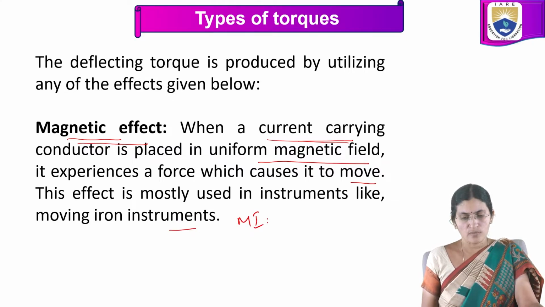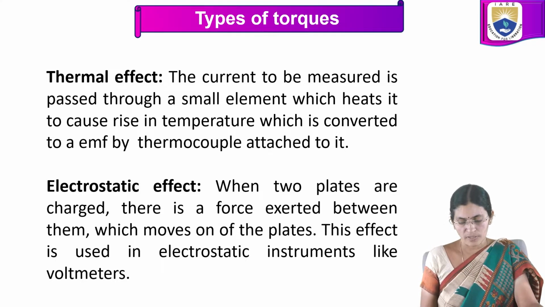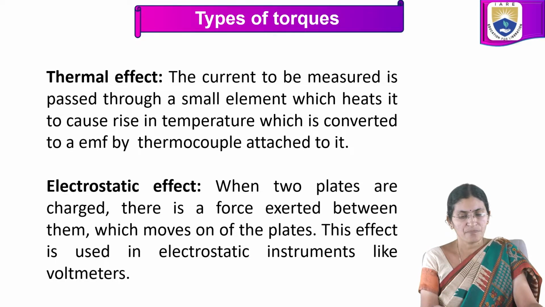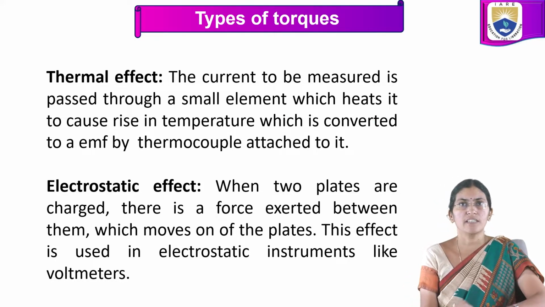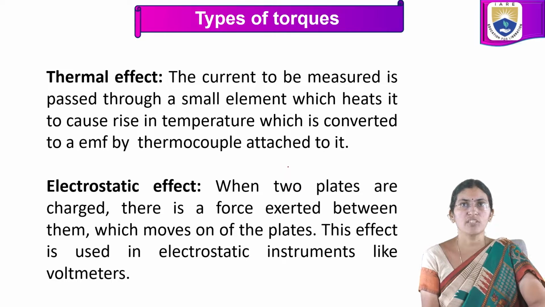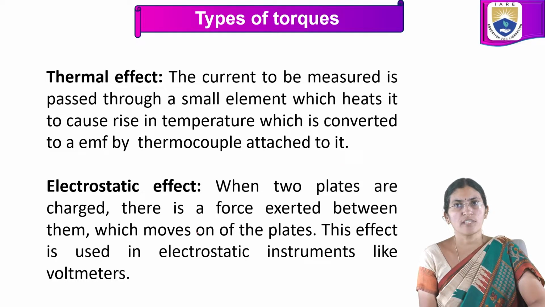The other effects used for producing deflecting torque are thermal effect, electrostatic effect, and induction effect. Let us see thermal effect. The current which is to be measured is passed through a small element which heats it, causing a rising temperature, and this rising temperature is converted into an EMF by means of a thermocouple attached to it. Next is electrostatic effect.